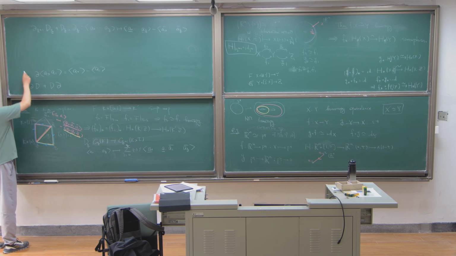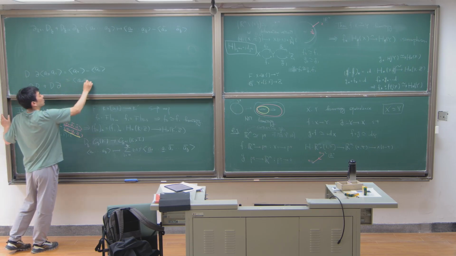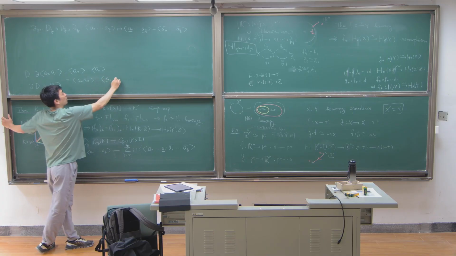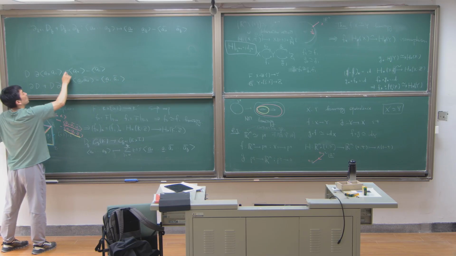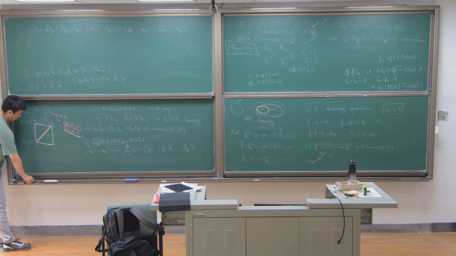Then take D of this one, what's left is A0 minus A1. So this is exactly the purple part. Did I make a mistake?